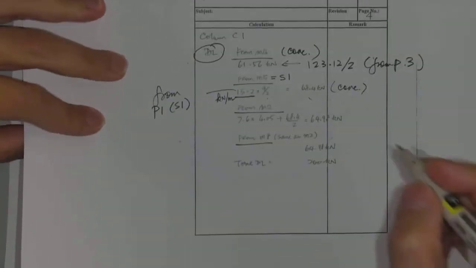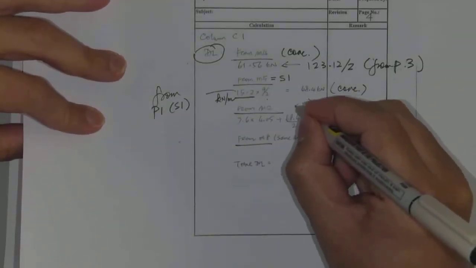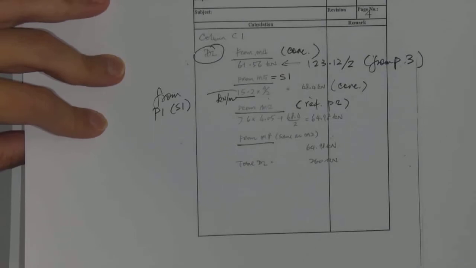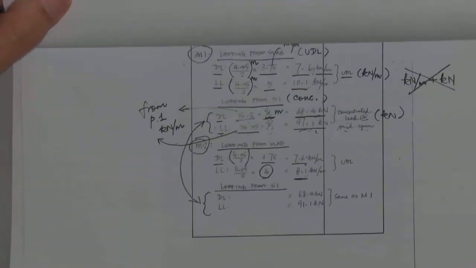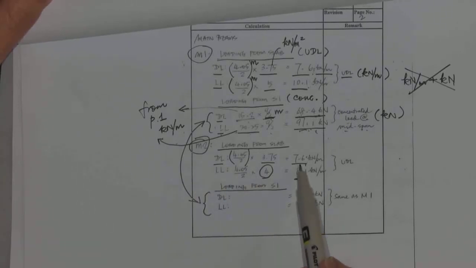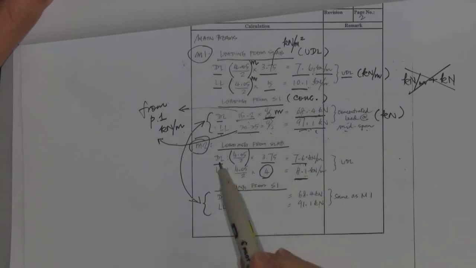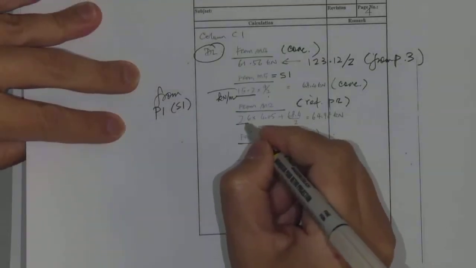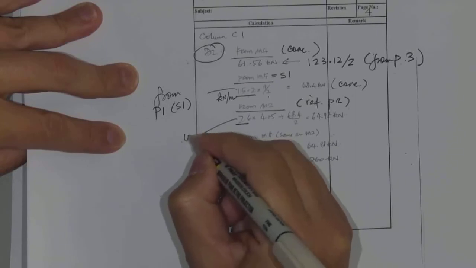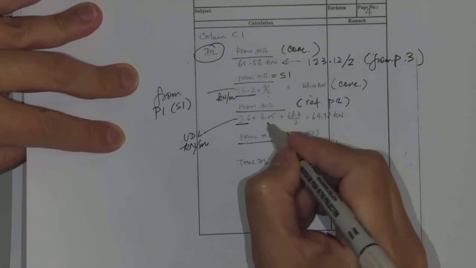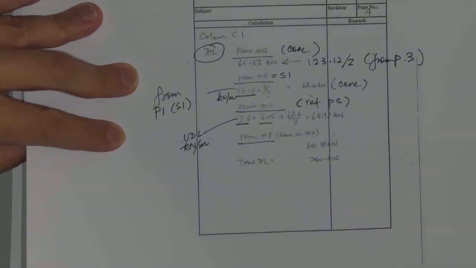Refer to page 2. 7.6. So where's 7.6? M2, 7.6 is here. This is a distributed dead load. This is a UDL, kilonewton per meter. Multiplied by the length divided by 2, that's 4.05.